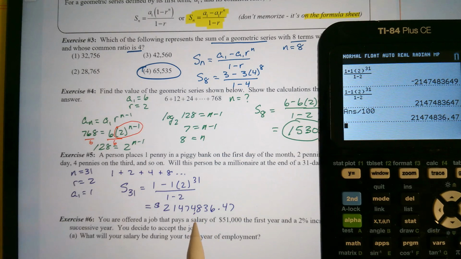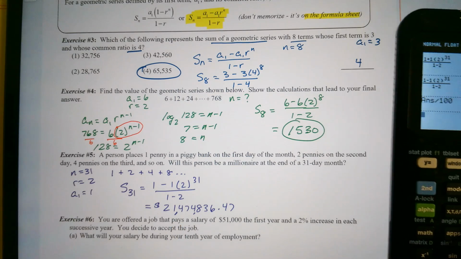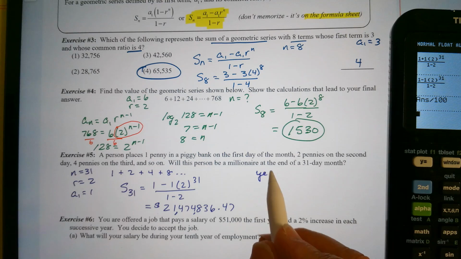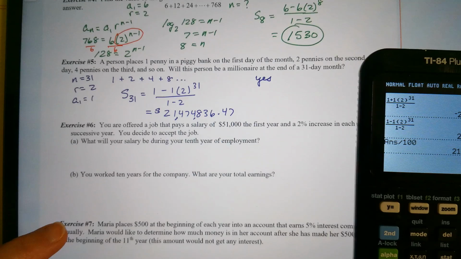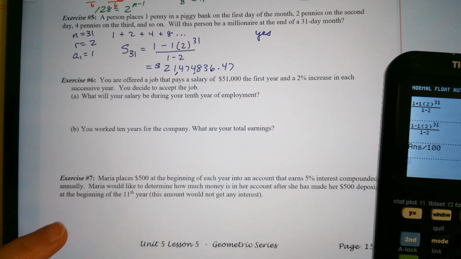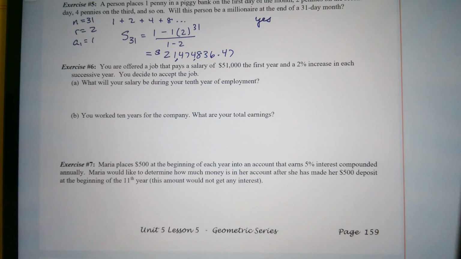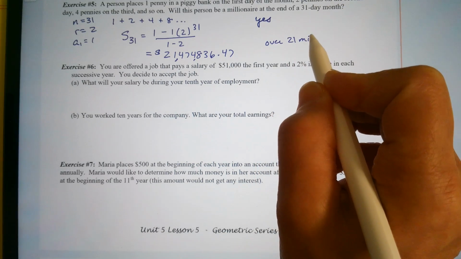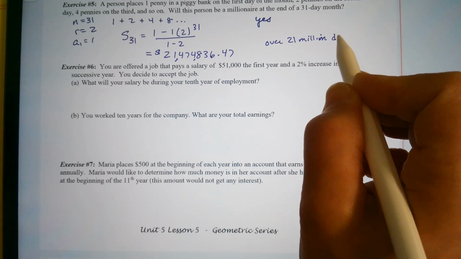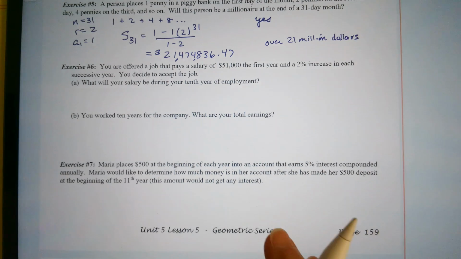Okay, so it looks like, oh yes, $21,474,836.47. Yes, definitely would be more than a millionaire. Over $21 million.